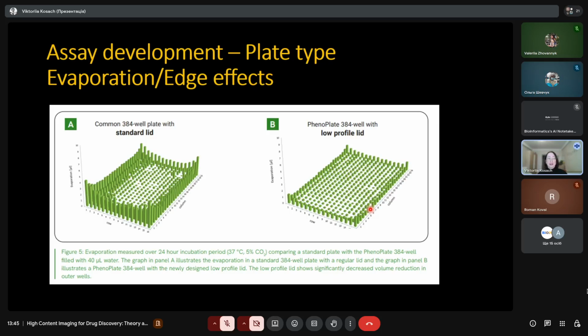So for your assay, if it's not a very large high content screening but a small scale experiment, it is very recommended that you do not use these edge wells for your experiment. Instead, just put there PBS or growth media without cells to lower the influence of evaporation on your data.